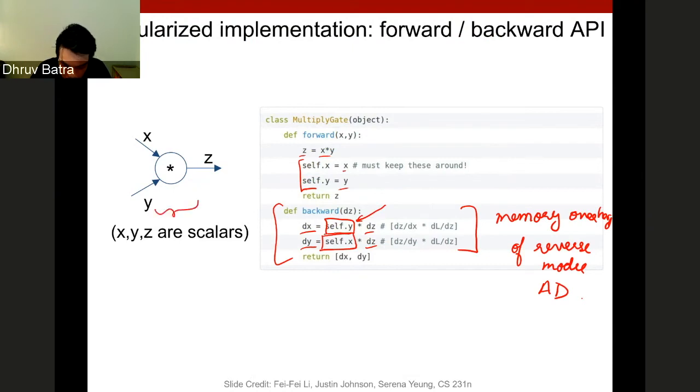This is just a layer. You do not know what came before it. You do not know what came after it. You don't even know when this layer is being called in the topological ordering. All you know is you have to be able to implement z equals x times y, but you also have to remember the inputs, because those inputs will be called again in order to compute dx and dy. And this is important to remember as a concrete demonstration of that fact.